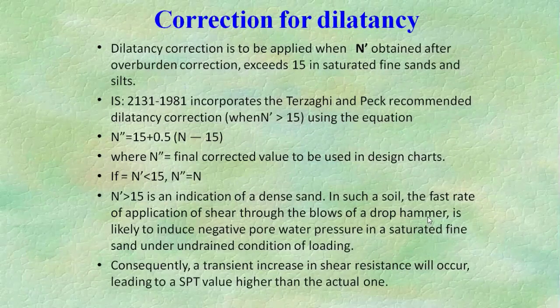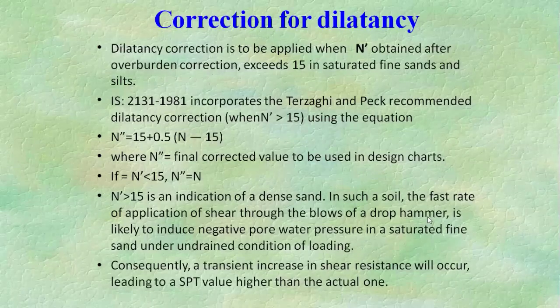Dilatancy correction. Silty fine sand below the water table develops pore water pressure which is not easily dissipated. The pore water pressure increases the resistance of the soil and hence the penetration number. Terzaghi and Peck recommended the following correction in the case of silty fine sand when the observed value N exceeds 15.